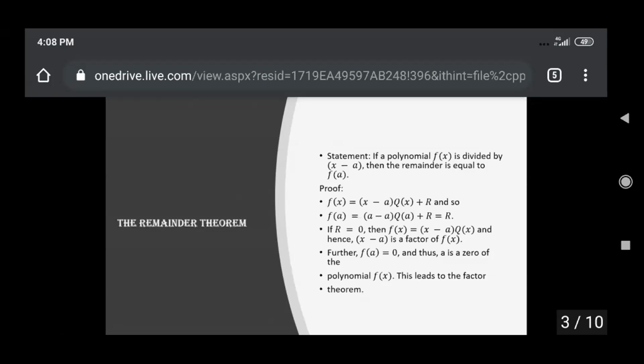If we put a instead of x, then f of a is equal to a minus a into q of a plus r. We know that a minus a is equal to 0, therefore q of a into 0 will be 0. Then f of a will be equal to r, and that leads to our remainder theorem.